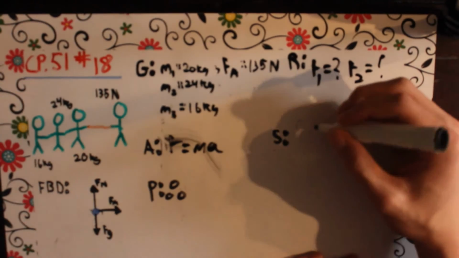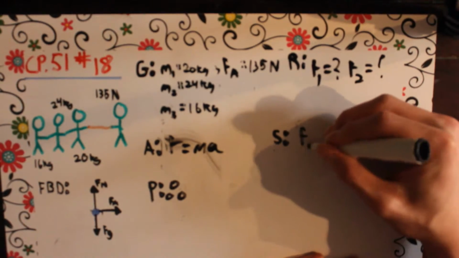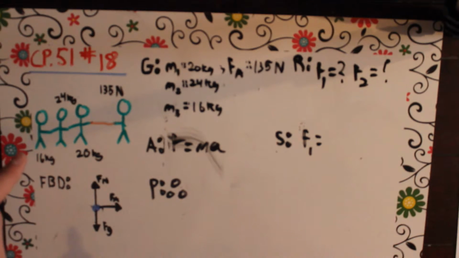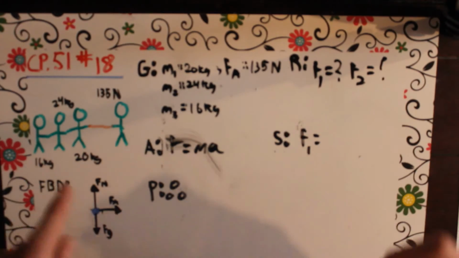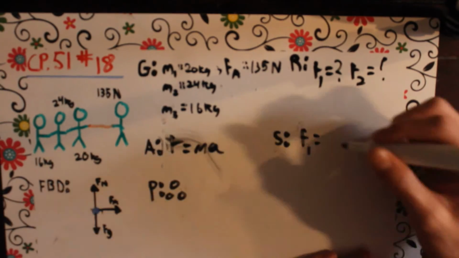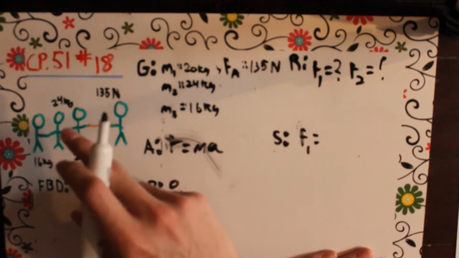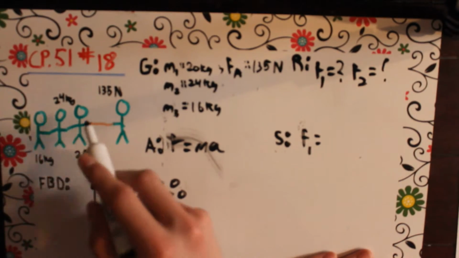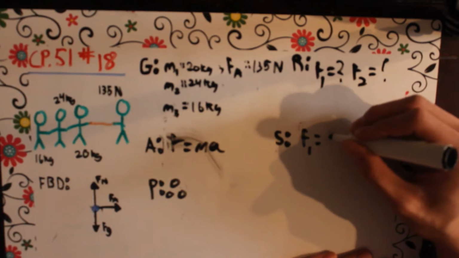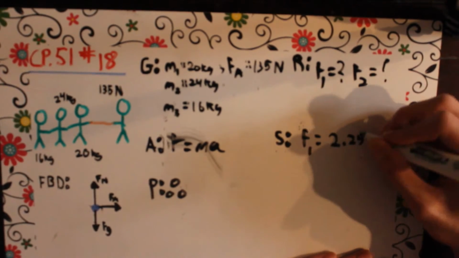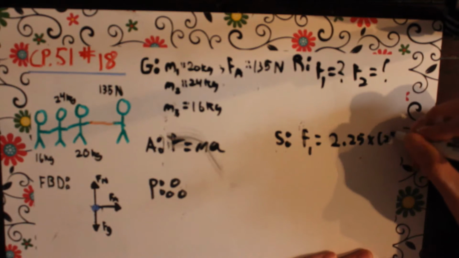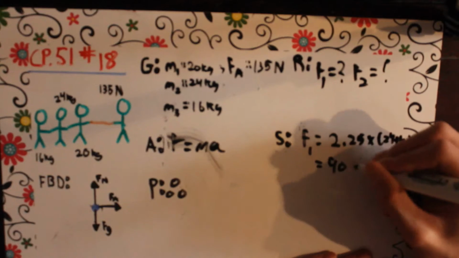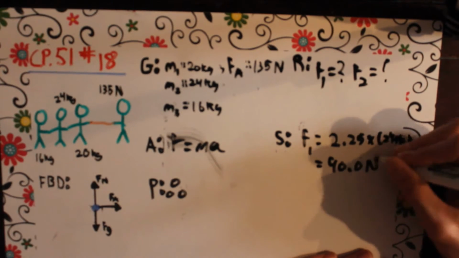So by that, we can say that the first force, which would be 24 kilograms plus 16 kilograms, since the mass of the holder is not accounted for, since it's only the force between the hands of the first pair and the hands of the holder, would be 2.25 multiplied by 24 plus 16, which is equal to 90 newtons, or 90.0 newtons.